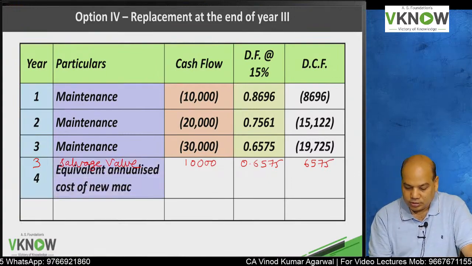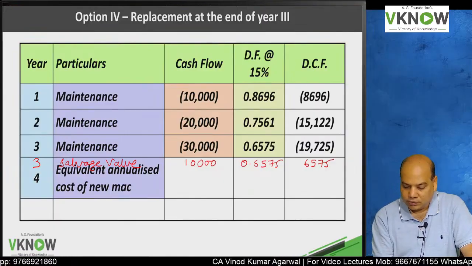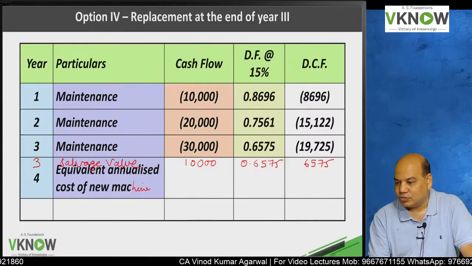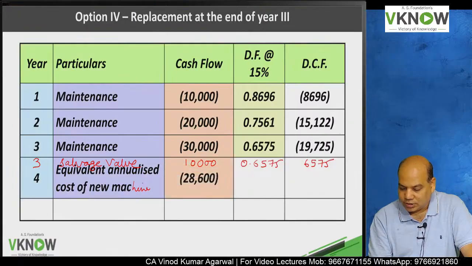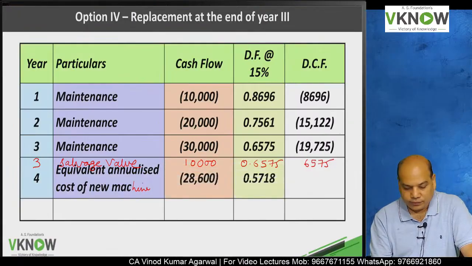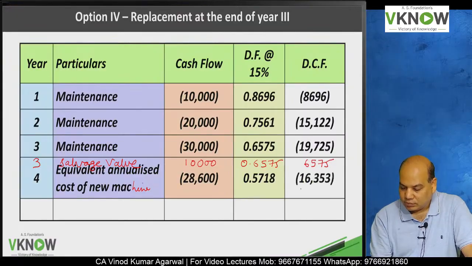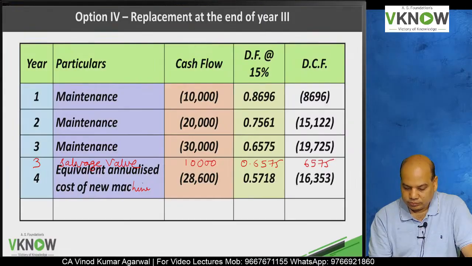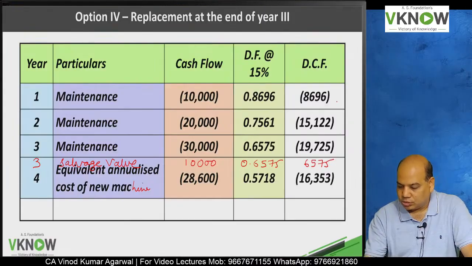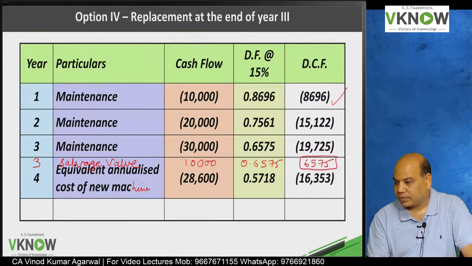And then in the fourth year, the equivalent annualized cost of the new machine, EAC of the new machine, that is 28,600. Factor of the fourth year 0.5718, 16353 present value. Take the total. There is one positive number also here.